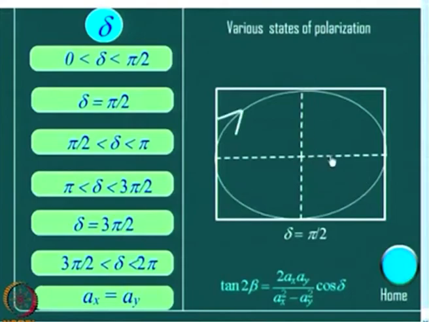The vibrations along the major and minor axes having a phase difference of pi by 2, that is very important information you have. So, if the vibrations have a phase difference of pi by 2, then those axes form the axes of the ellipse.